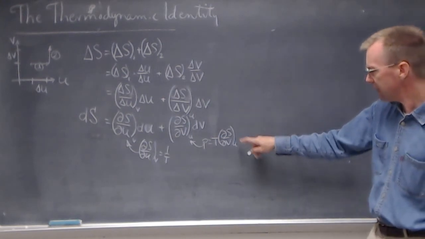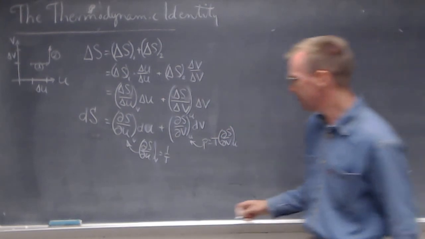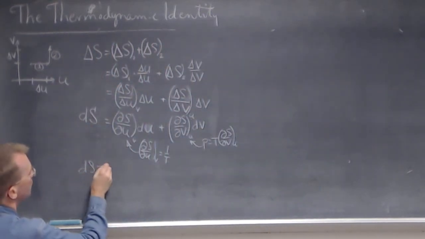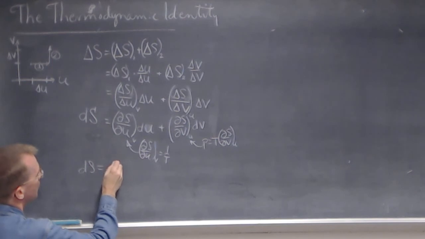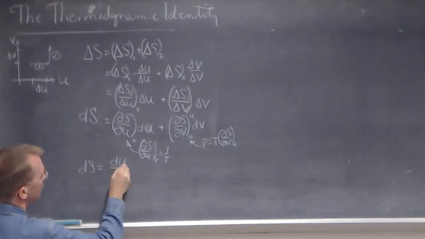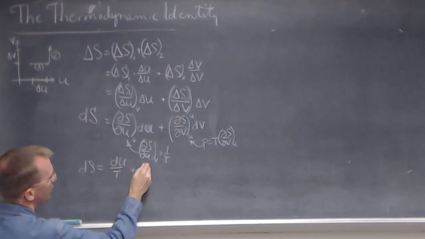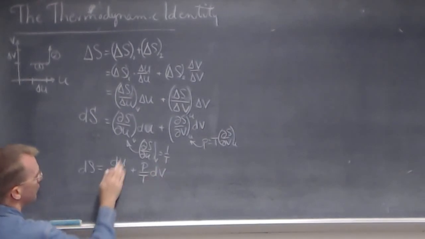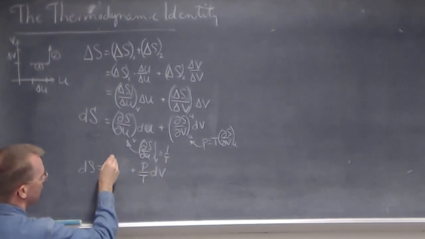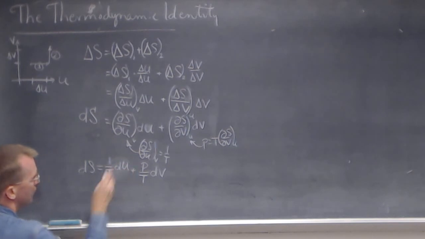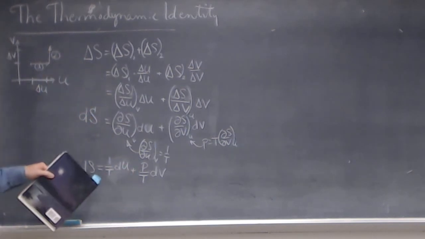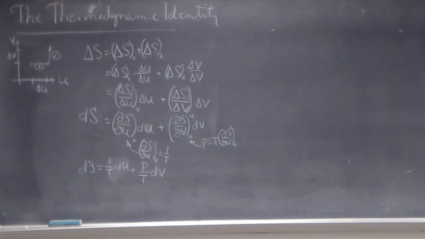Now, dS by dV then is, well, it's P over T. Okay. I've got that 1 over T in both of those terms on the right. I don't really like it.